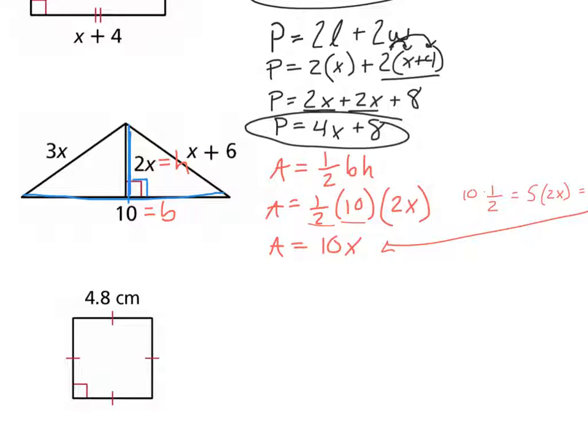So now let's find the perimeter of the triangle. What's the formula for perimeter of a triangle? A plus B plus C. So what would our A be and B and C? What are we adding together here? Haley, what are we adding together?